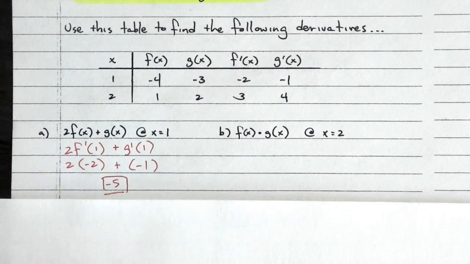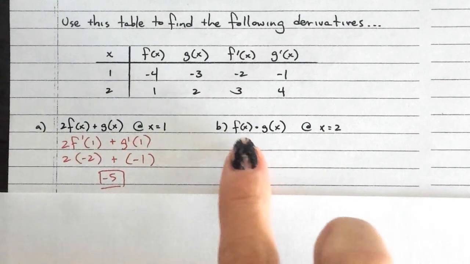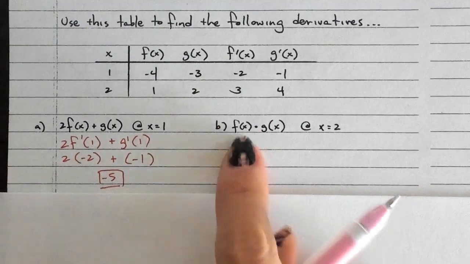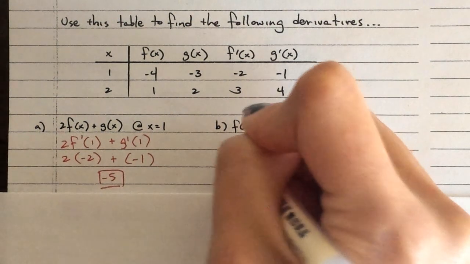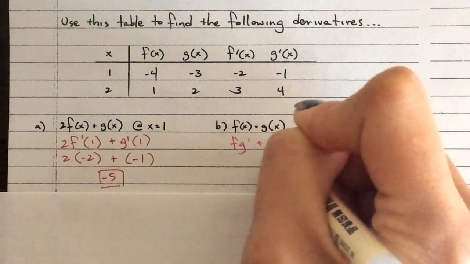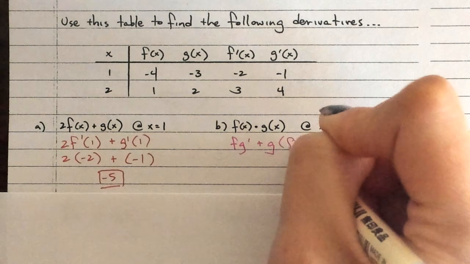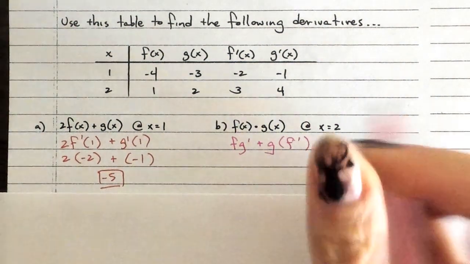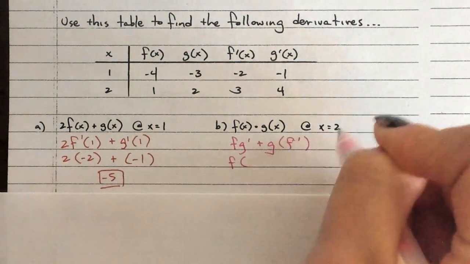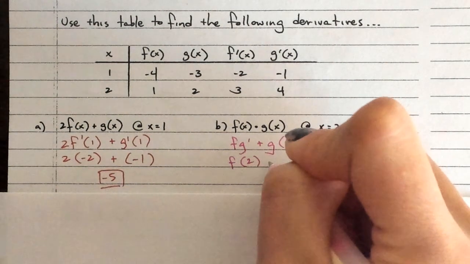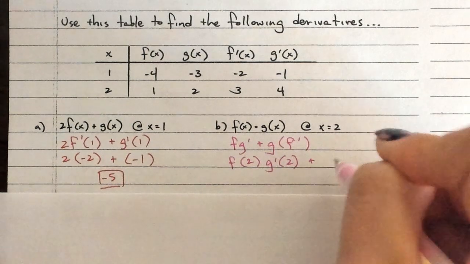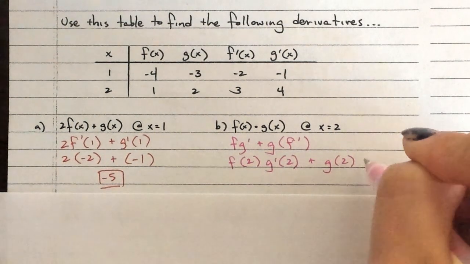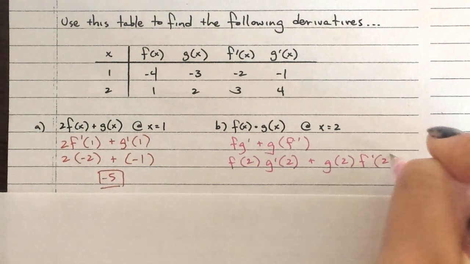I'll do like one more with you, how about that? So what about f times g? So if it's f times g, those two things multiplied together, how do you get the derivative? F times g prime plus g times f prime, and then you would get f of 2 times g prime of 2, plus g of 2 times f prime of 2.